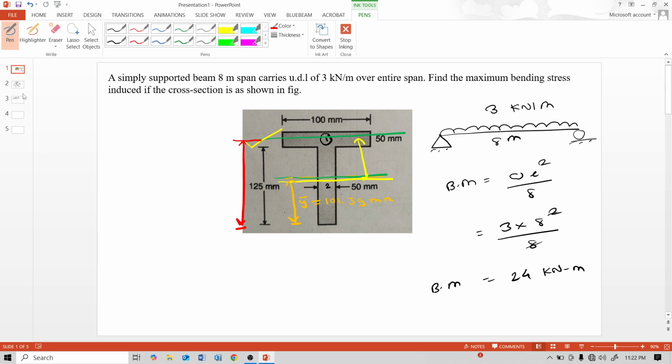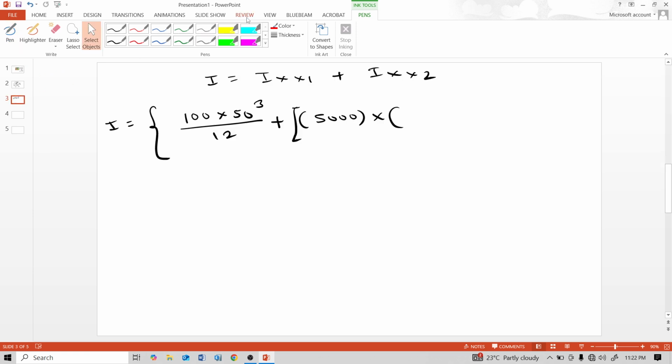So 150 minus 101.39, and the square of this. This is the Ix1 term.